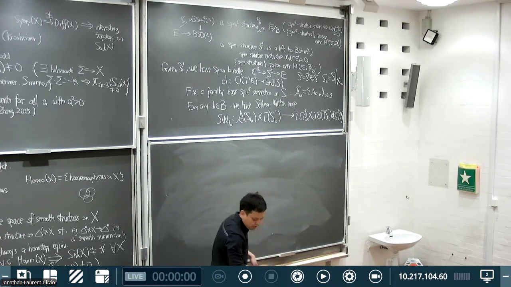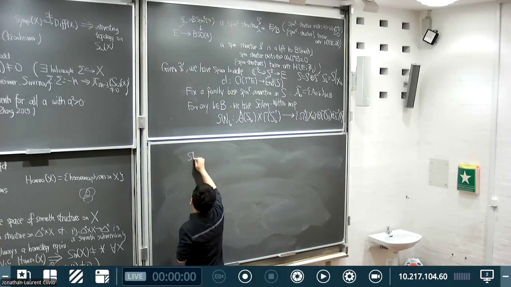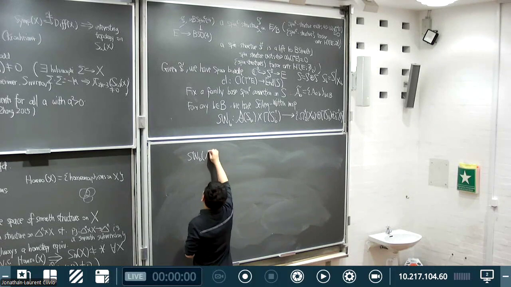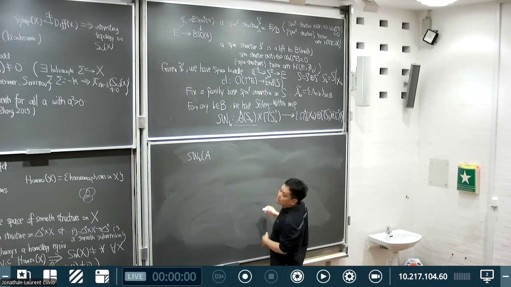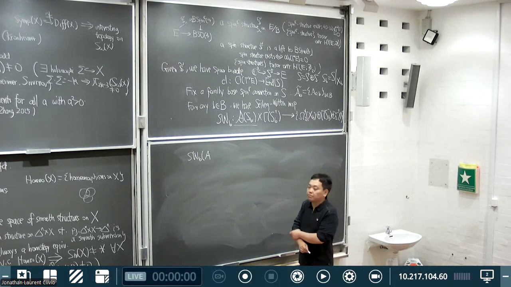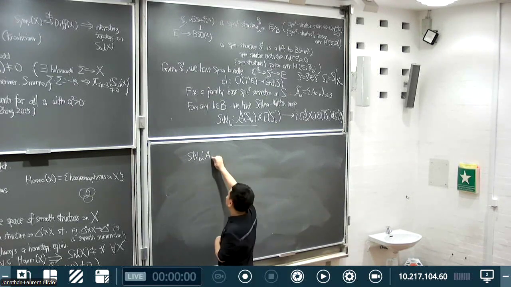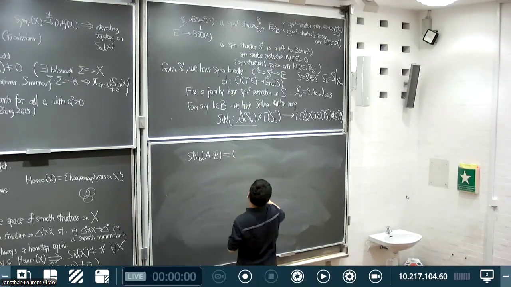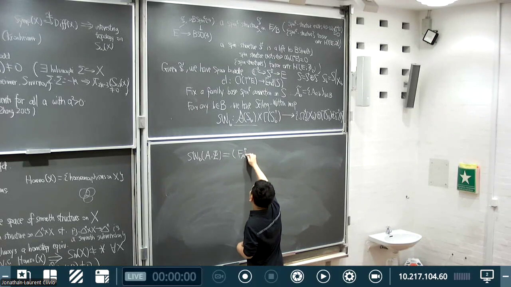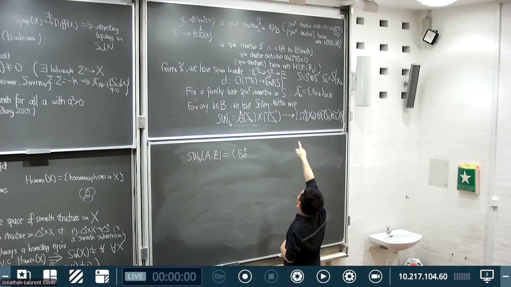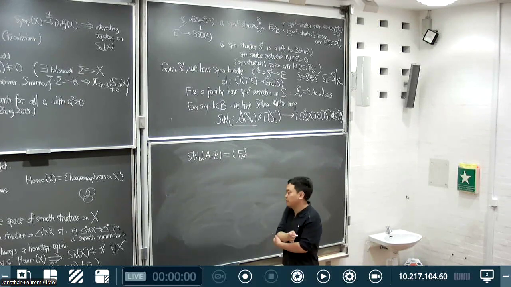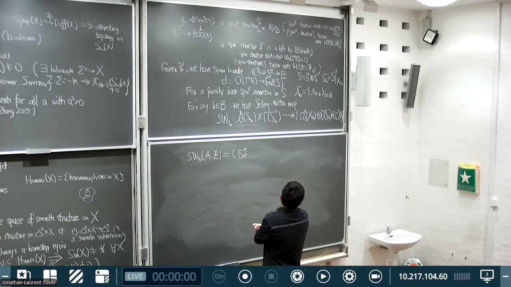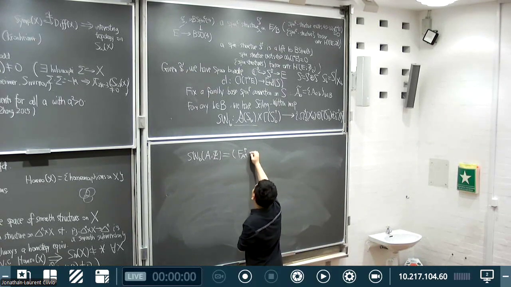The formula just says: here this means the space of spin C connections on this spinor bundle. A is a spin C connection, and phi is a section of the positive spinor bundle. The map involves the determinant line bundle of this S plus bundle, and minus sigma.